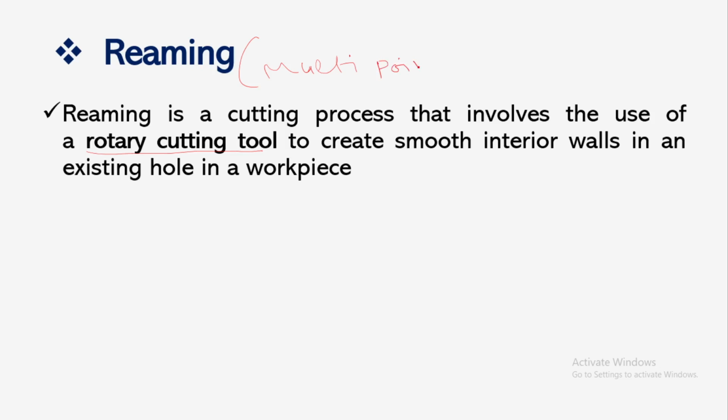I'm writing here, a multi-point cutting tool will be used for the reaming operation. It is used to create a smooth interior wall in an existing hole in a workpiece.